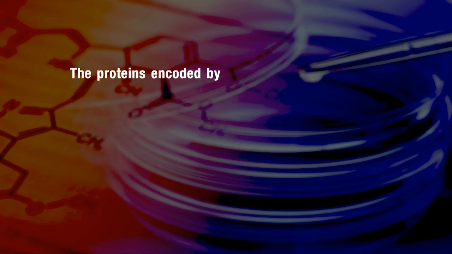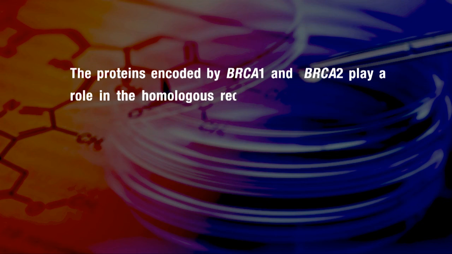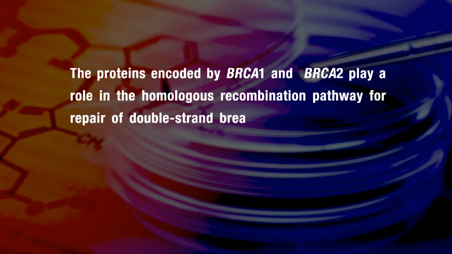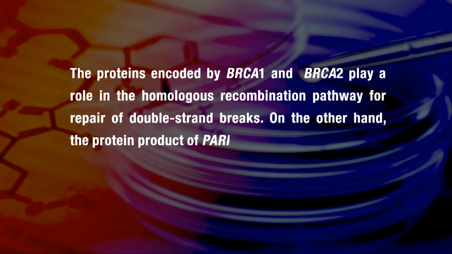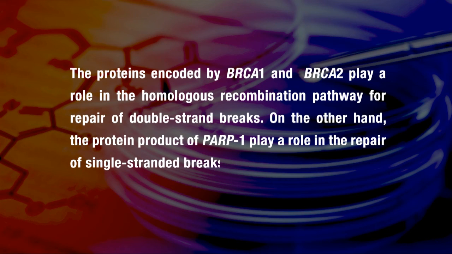The proteins encoded by BRCA1 and BRCA2 play a role in the homologous recombination pathway for repair of double-strand breaks. On the other hand, the protein product of PARP1 plays a role in the repair of single-stranded breaks in the DNA.